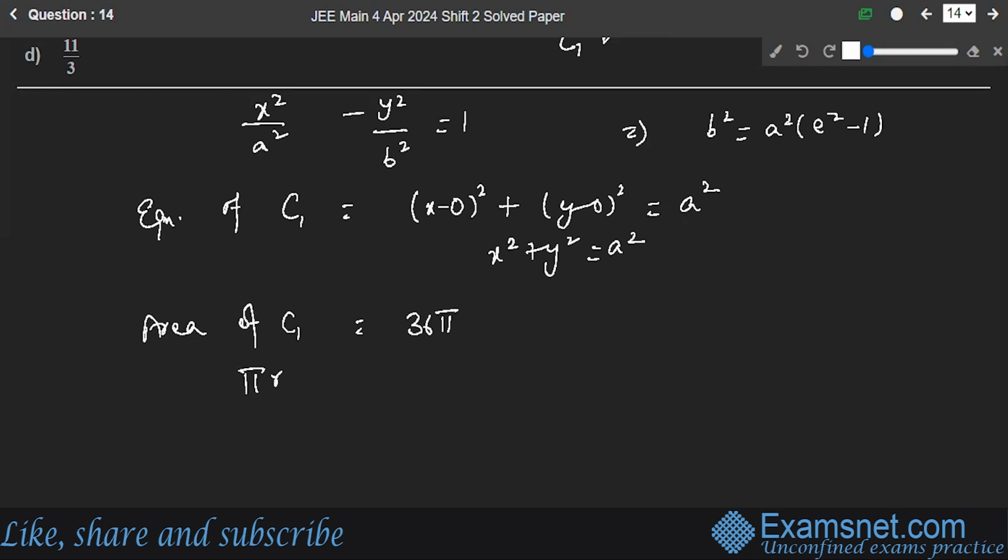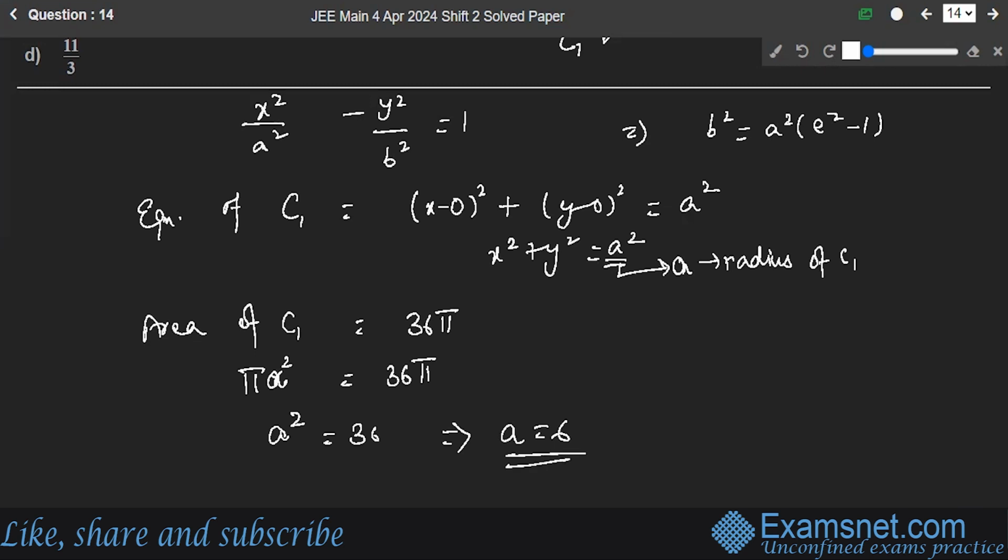You know, pi r square is the value for the area, right? Here r is equal to a because a is the radius for the circle C1. So that means from here you have a square as 36, which gives you the radius of the first circle C1 equal to 6, right?